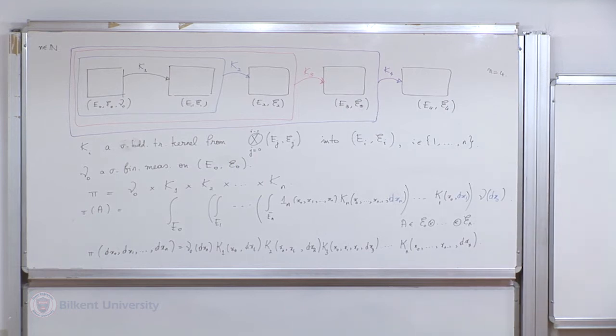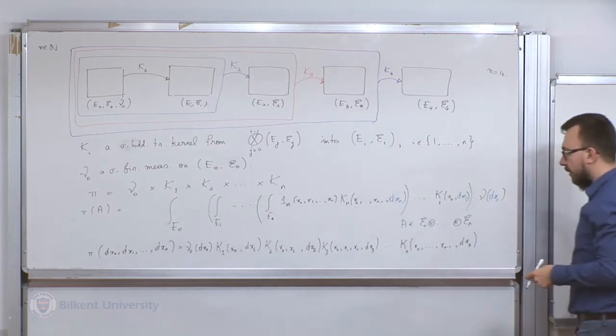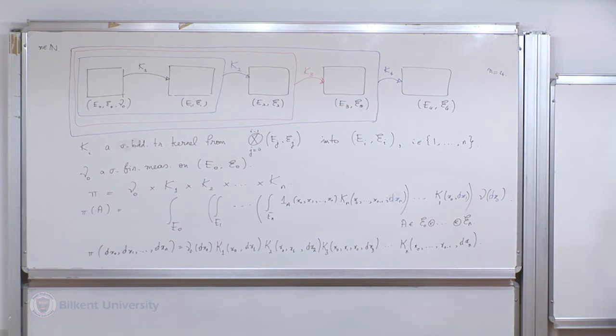So if you write it using this notation, it looks more intuitive, I think. When you write it down using giant multiple integrals, it looks kind of ugly, but this differential notation makes it more intuitive for me, at least.